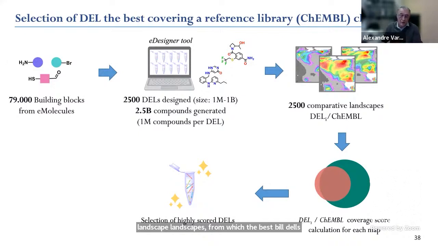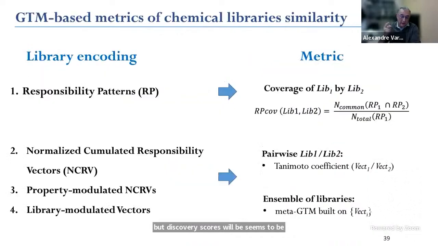What is the coverage score? Since we represent each DEL by one vector, we can identify the Tanimoto coefficient, or we can suggest several different metrics. The paper summarizing all these metrics will be submitted within 1 week.